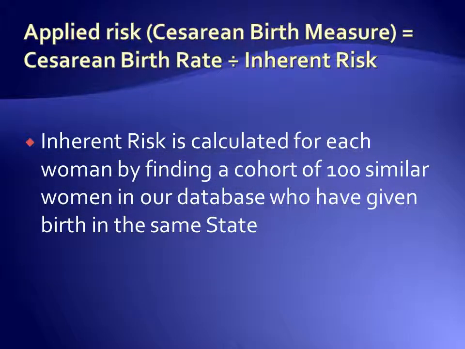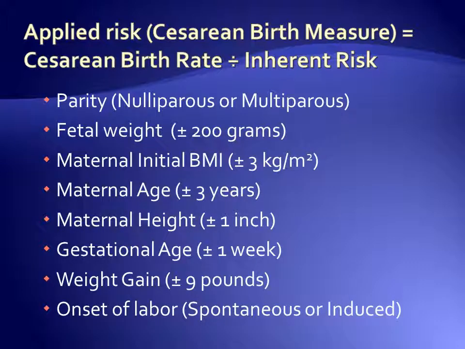Inherent risk is calculated for each woman by finding a cohort of 100 similar women in our database who have given birth in the same state. Or in other words, the inherent risk for a woman giving birth is assigned based on what has already happened to 100 women just like her. Similar means that the cohort of women will be similar in these 8 characteristics.